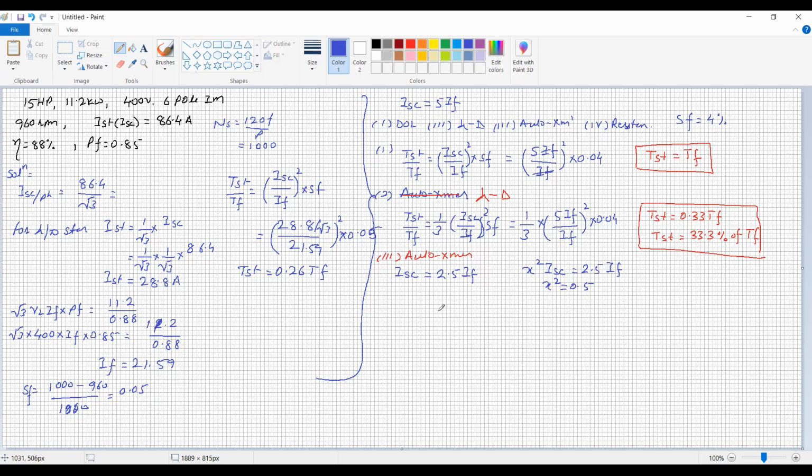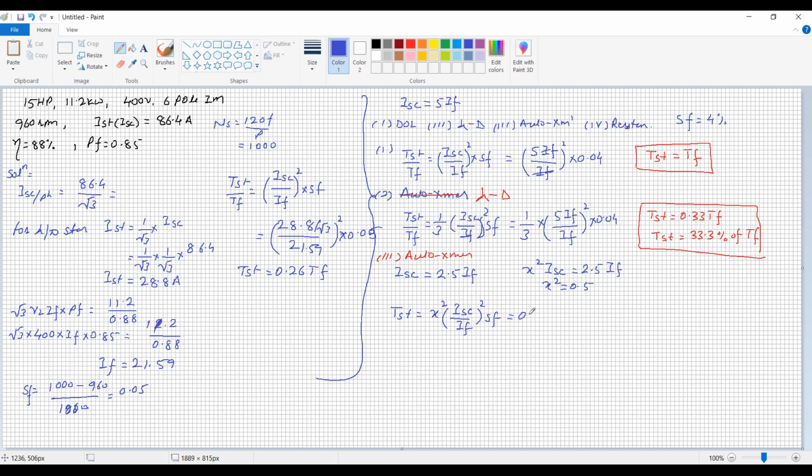Under such condition, starting torque is equal to x square, ISC short circuit current divided by full load current, bracket square, into SF. The formula is same; only if it is an auto transformer, it is x square, and when it is a star delta starter, it will be 1/3, as in the starting of a three-phase induction motor by the direct online starter, or percentage x square multiplied by short circuit current upon full load current.